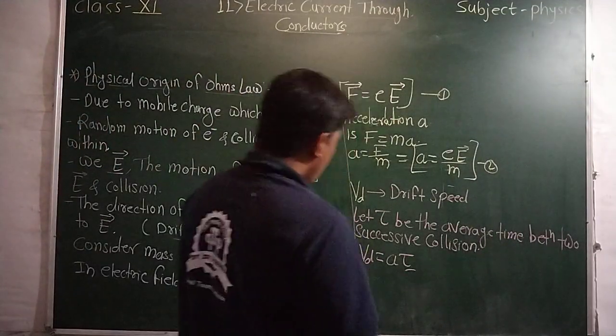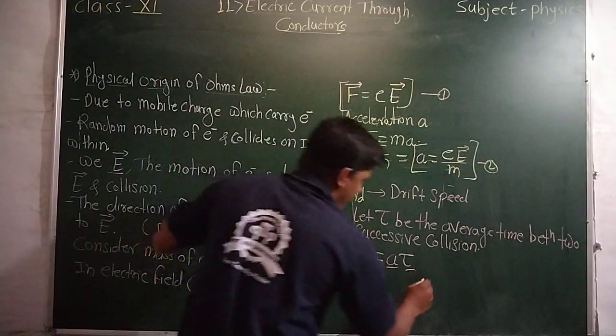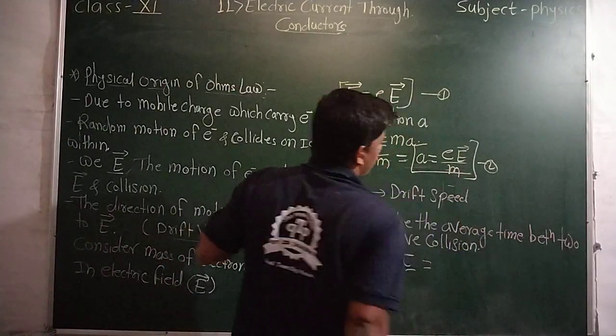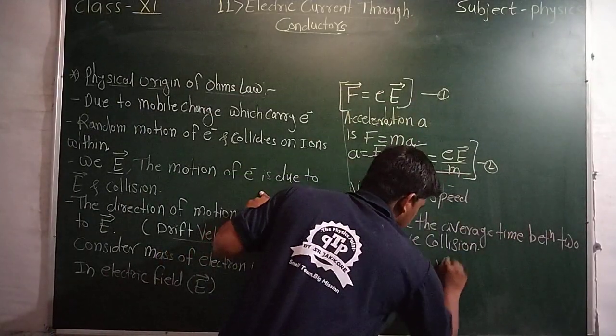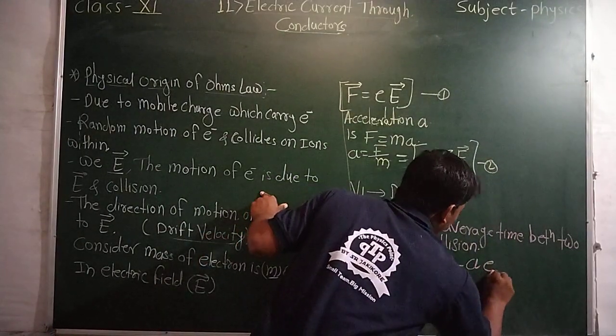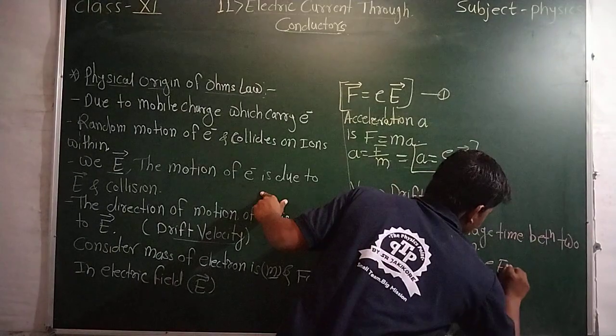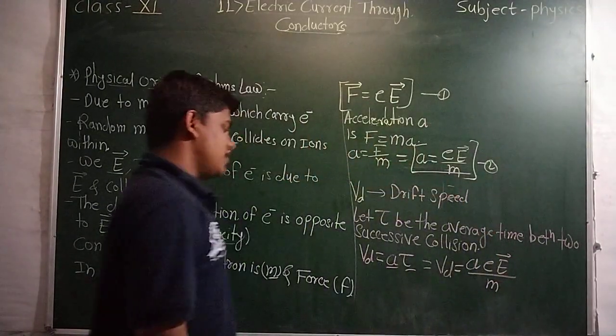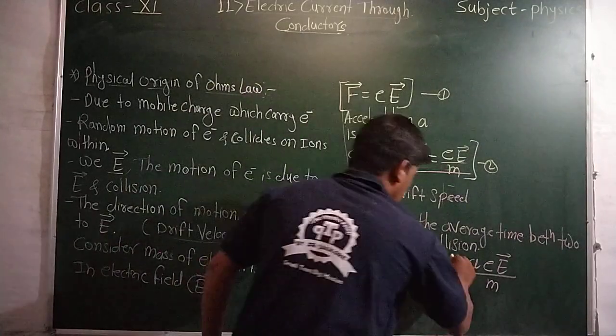We use Vd is equal to a into tau, that is e into E tau divided by the mass of the electron. This is the required equation.